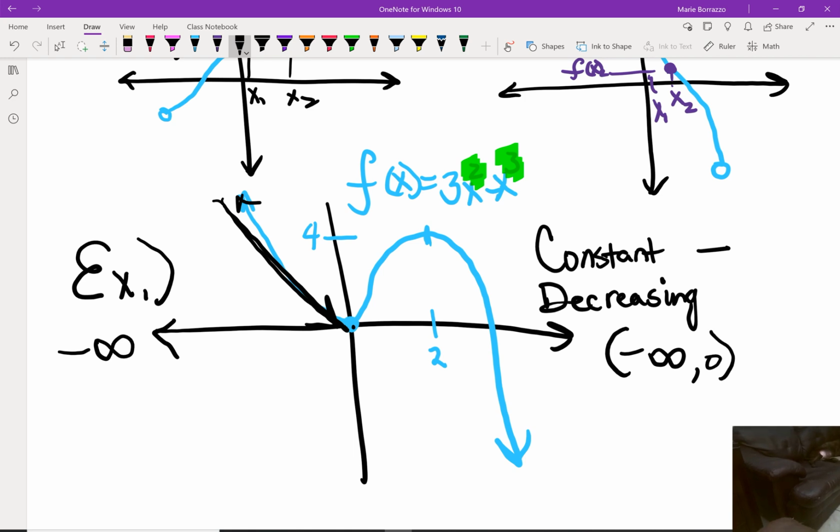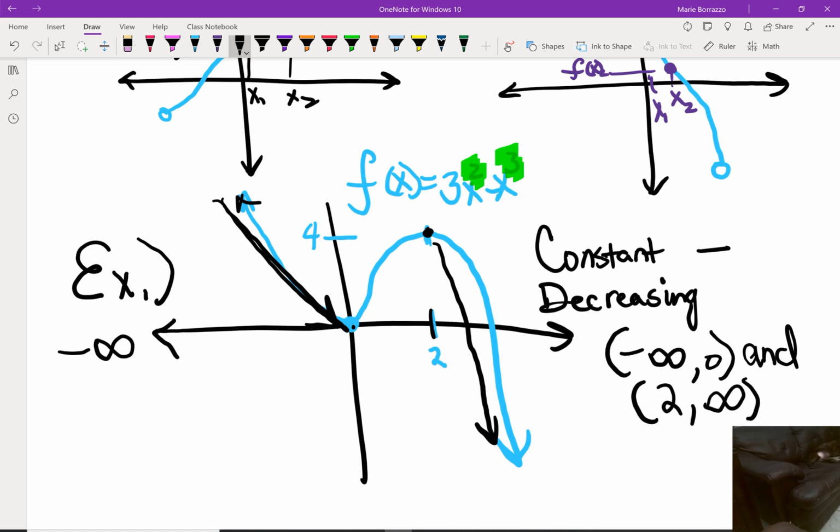So our function is decreasing at that point, based on the fact that they marked this 2 on purpose. From this point here, I'm also going to say that this function is decreasing. So I'm going to say, from the 2 all the way to positive infinity.